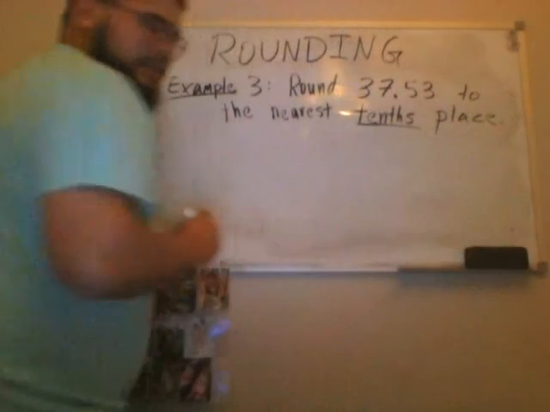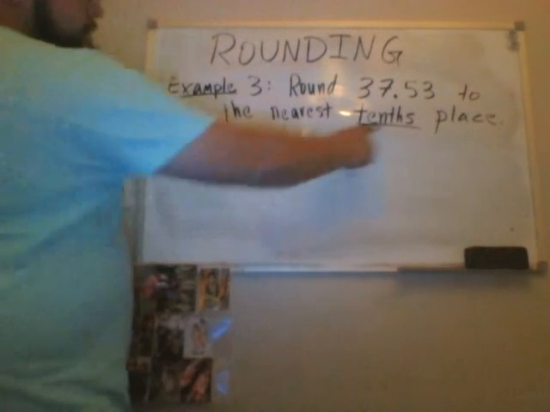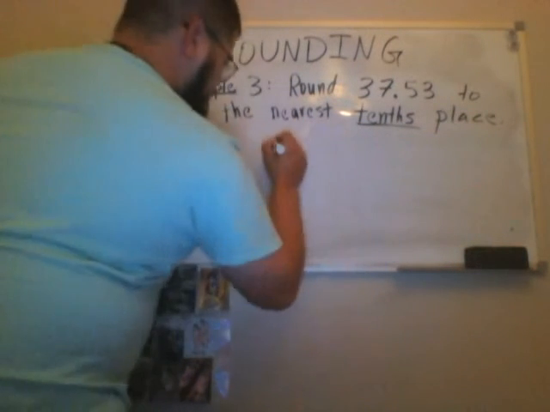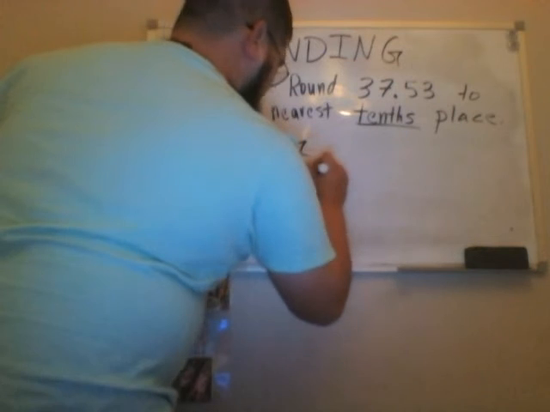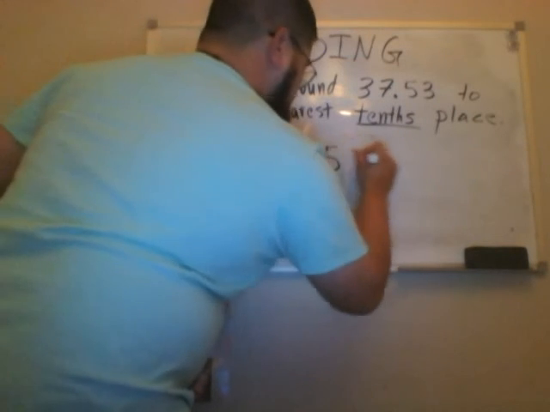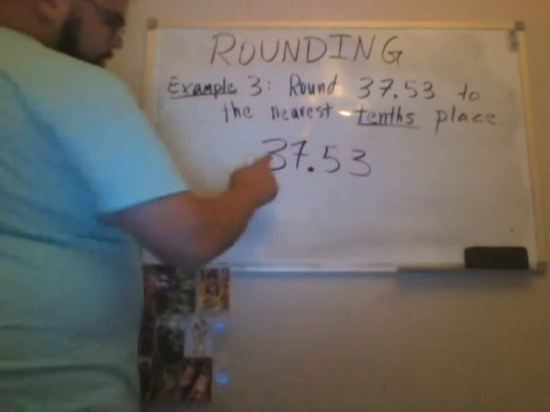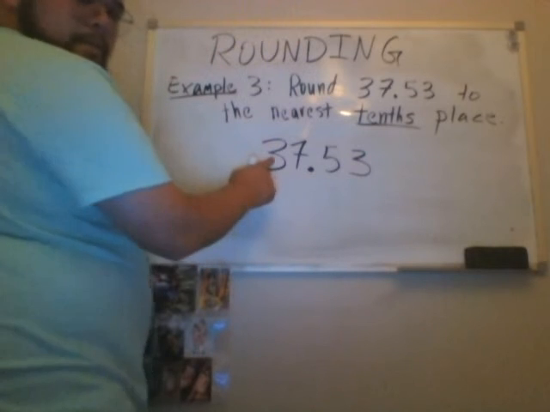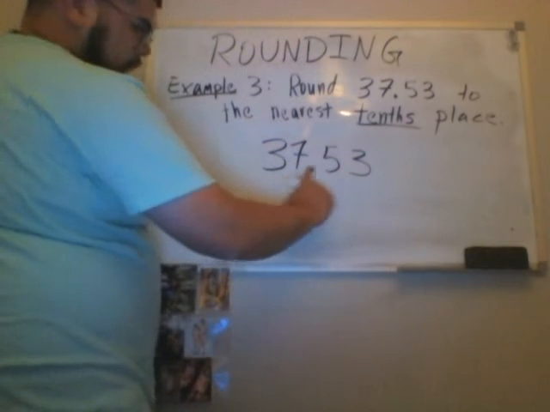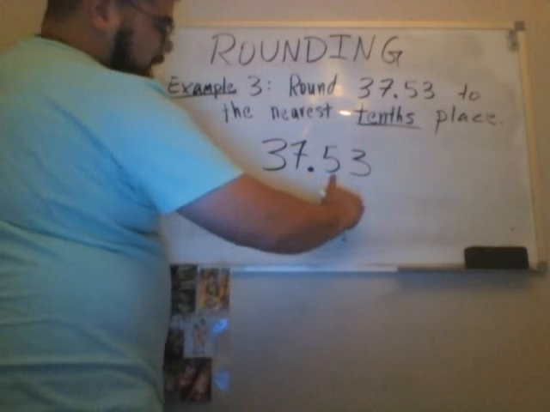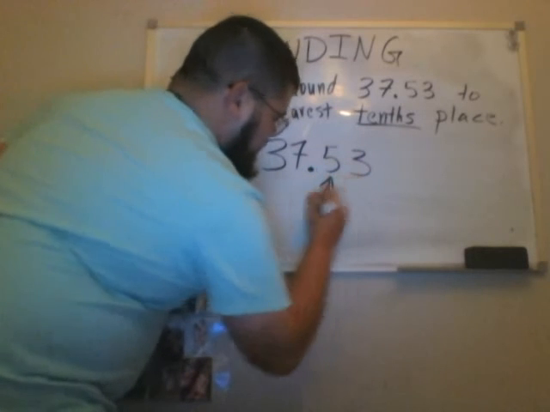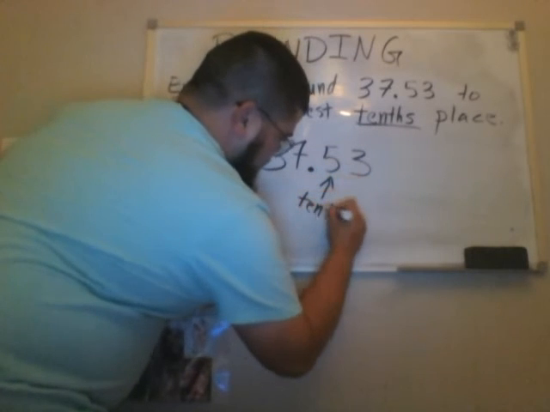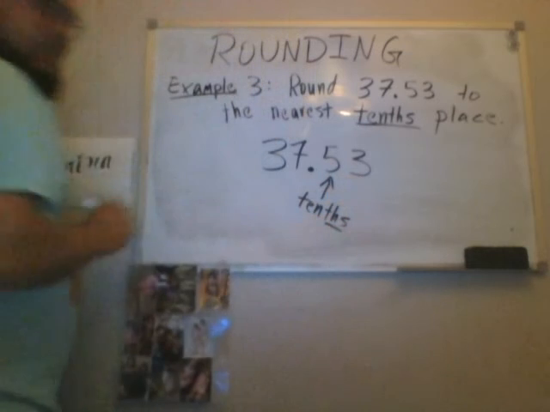Notice I'm talking like a snake, right? The TH at the end is the tenths place. So we're going to go ahead and write our number big, 37.53, okay? Now remember, this is the tens place. This is the ones place. This after the decimal is the tenths, and that's the place value we want to focus on. The tenths with the THS at the end.